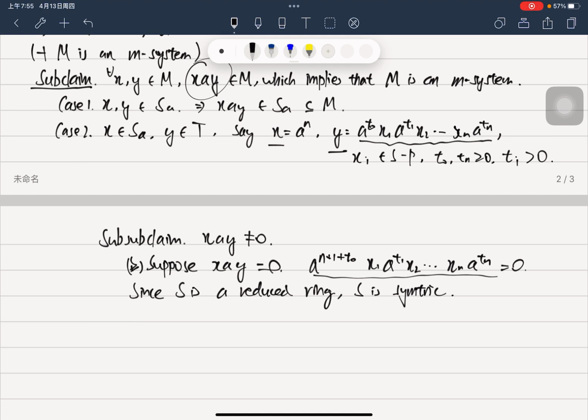But what I want to say is that if I let m be the power in this element, n plus 1 plus t0 plus t1 plus and so on up to tn, and we let w be this word. How to say that?